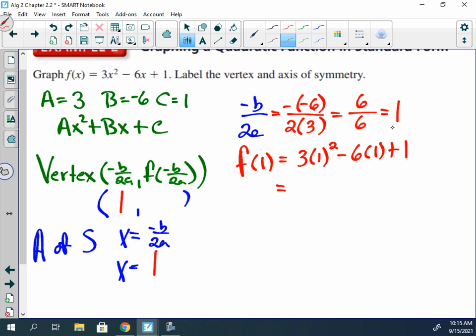At this point we could plug it into a calculator, because do we have any variables left? No. If it's all numbers and I'm not solving for a variable, I'm just evaluating the expression. Well, 3 times 1 squared is just 3. 6 times 1 is 6. 3 minus 6 is negative 3, plus 1 is negative 2.